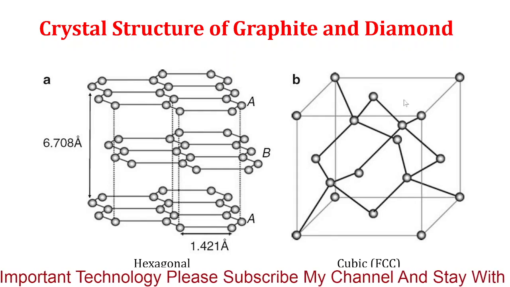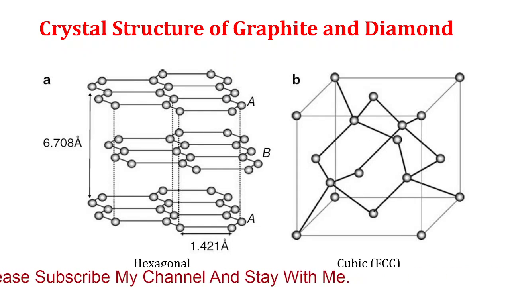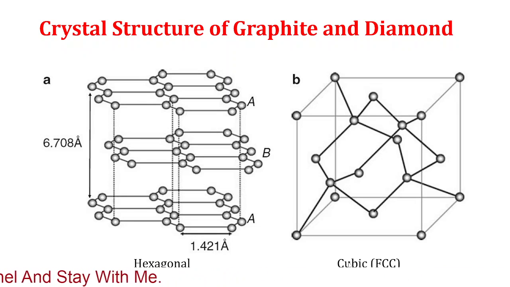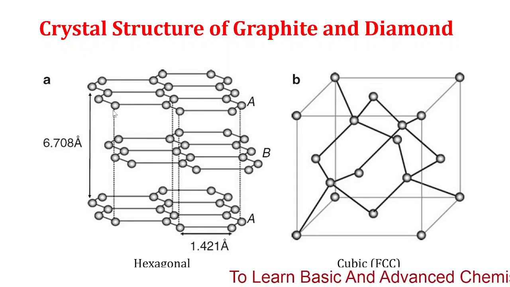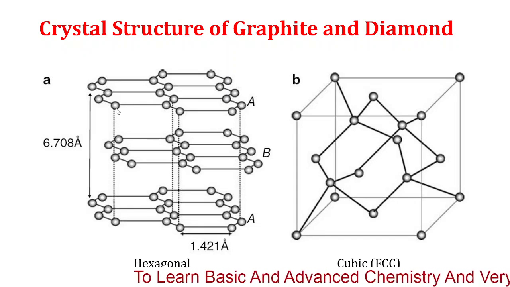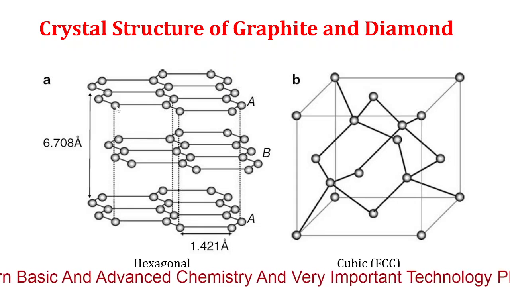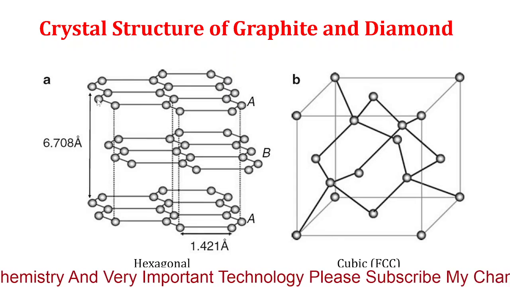But in case of diamond, the structure is cubic face centered. This is hexagonal and this is cubic face centered, which is very rigid. You can consider here how many carbons are attached to this carbon.